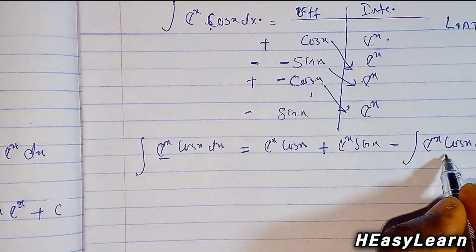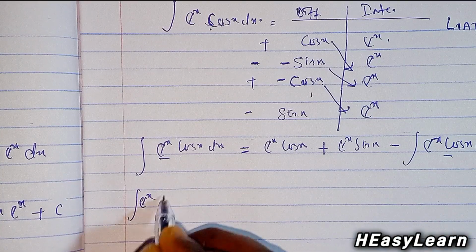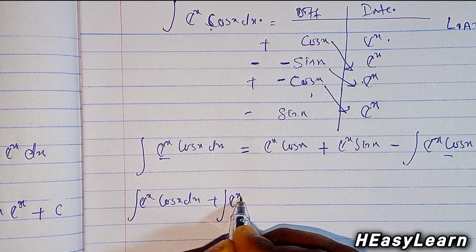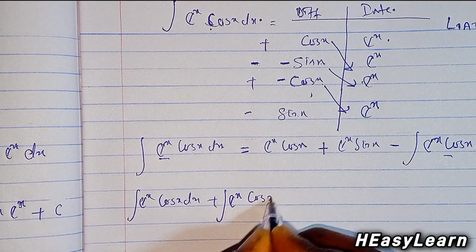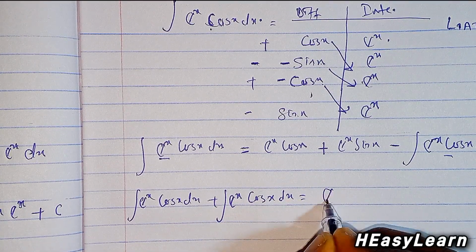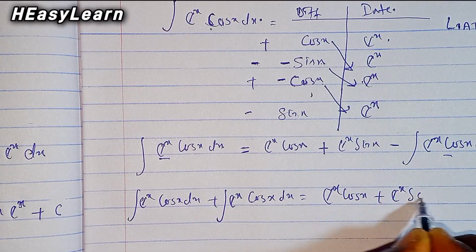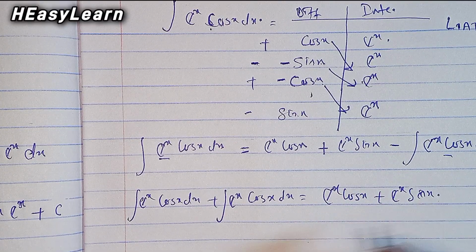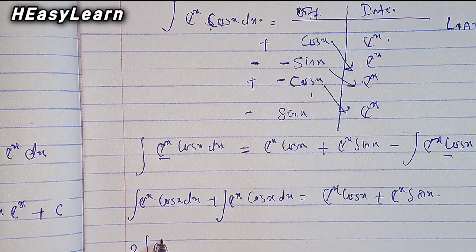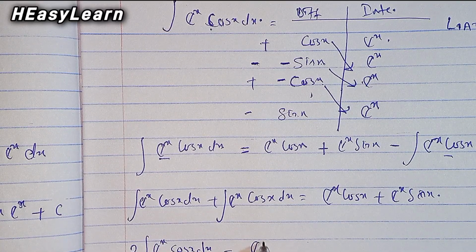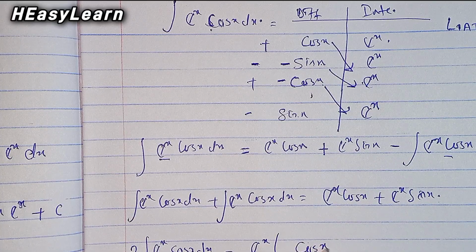So this is the same function. Take it to the other side, plus the integral of exponential x cos x dx equals exponential x cos x plus exponential x sine x. So this is twice the integral of exponential x cos x dx equals exponential x, which is common, cos x plus sine x.